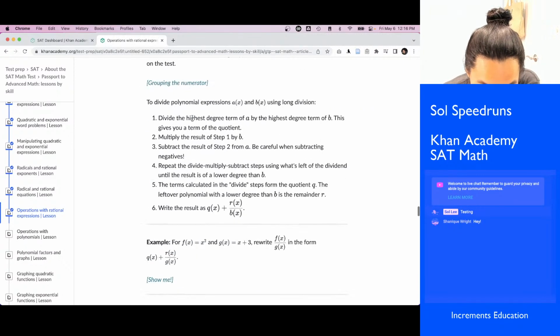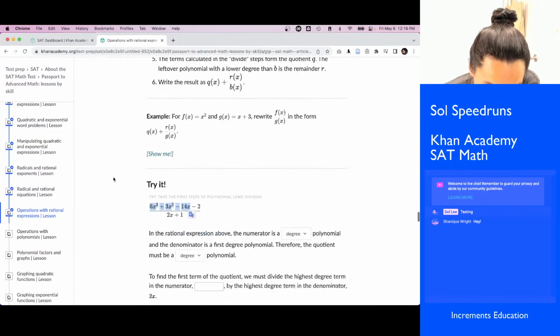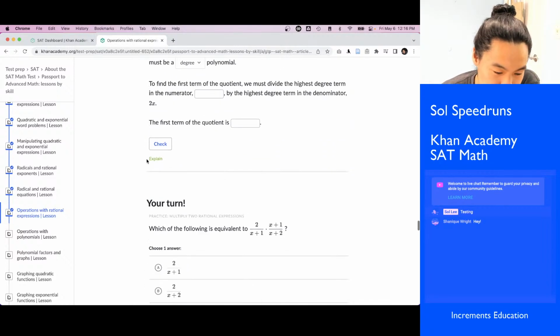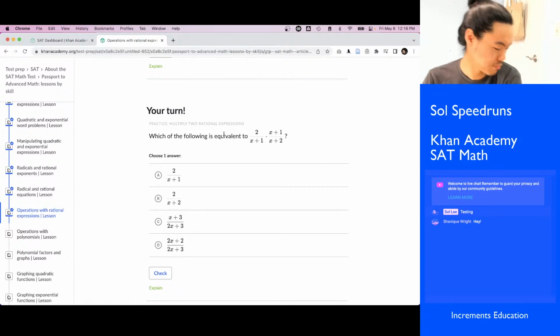What am I supposed to do for this? You know what? I'm going to take the gamble. I'm going to call the bluff and say this is not going to actually come out on the SAT. Skip.